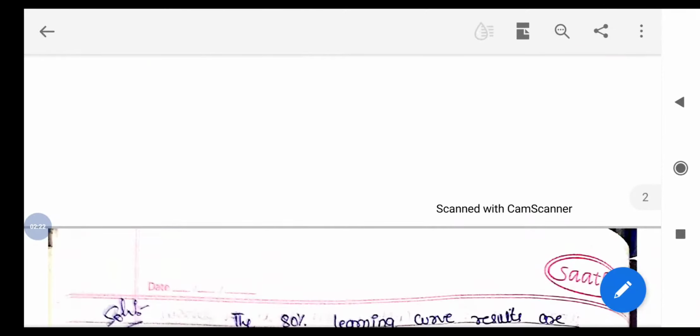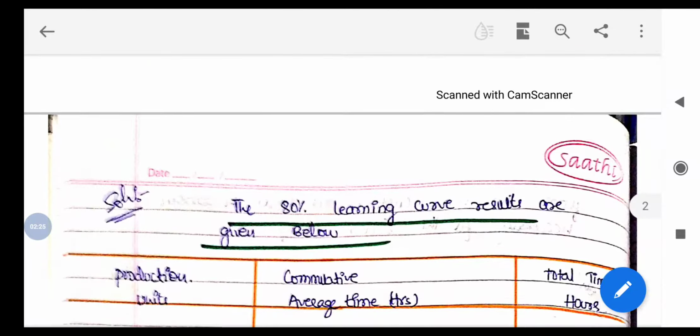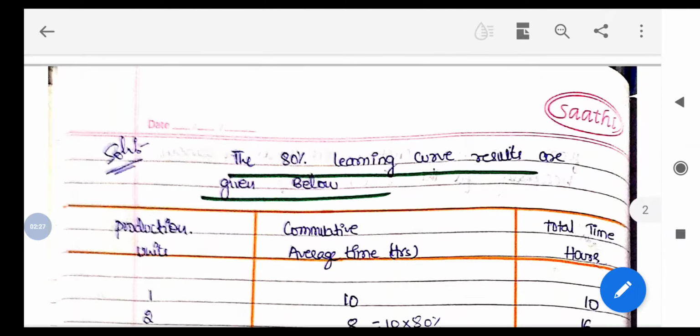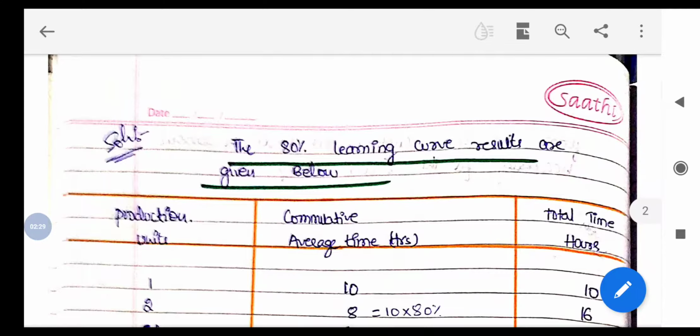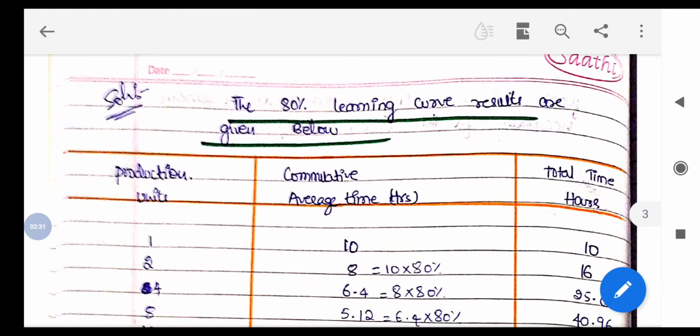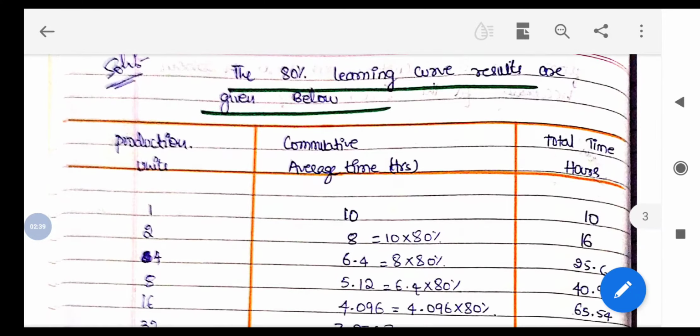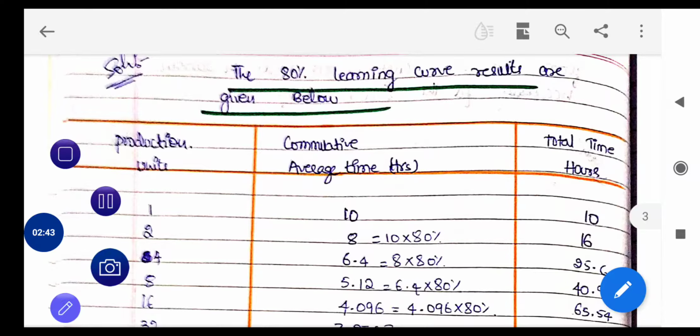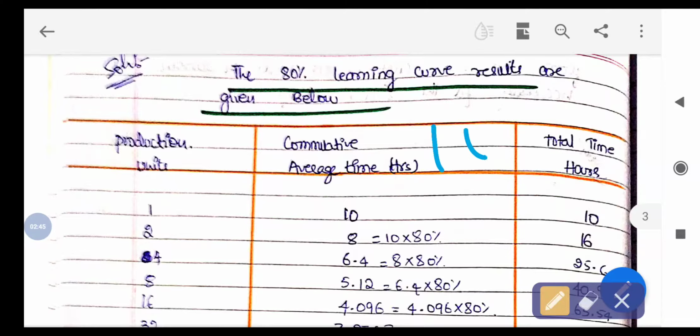First of all, they have given us the learning rate. To ascertain the total hours needed for manufacturing, first we look at the average time given in the problem, which is 10 hours for the first unit.